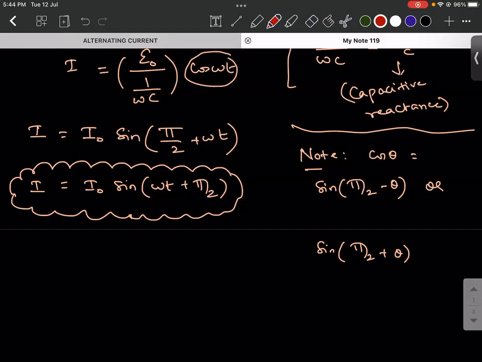In the previous case, E naught sin omega t and I naught sin omega t came, meaning they both had the same phase angle. Whereas here, one is sin omega t, the other is sin of omega t plus pi by 2. Means the current is leading the voltage by pi by 2.